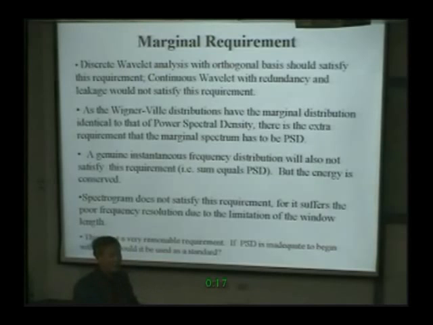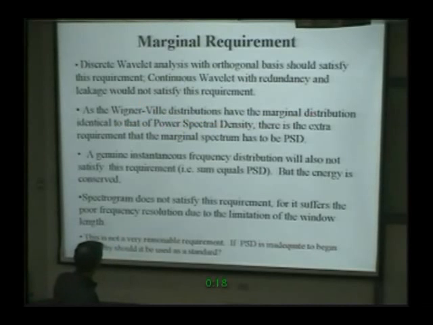If the wavelet actually has a very wide window, then the orthogonal base should satisfy this requirement. The continuous wavelet is not orthogonal, so it has a loss redundancy. Wigner-Ville distribution has the marginal distribution identical to power spectrum density.